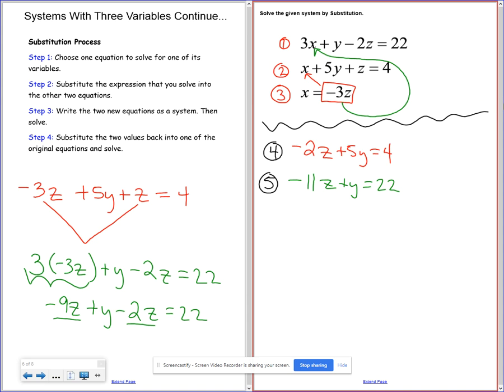Well, let's just do elimination. Let's multiply the bottom equation by 5. So we get negative 55z plus 5y equals 22 times 5, 110. Let's keep equation 4 the same. I'm just going to rewrite it so everything's lined up nice and neat.